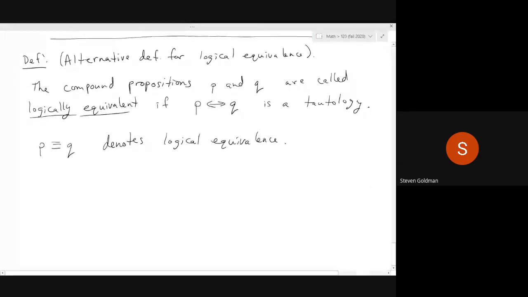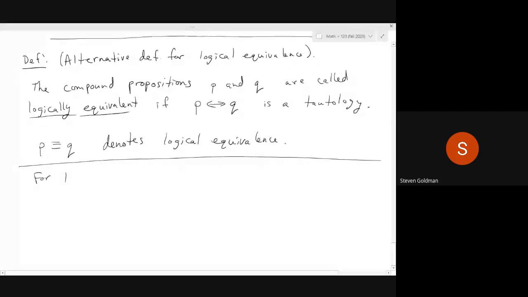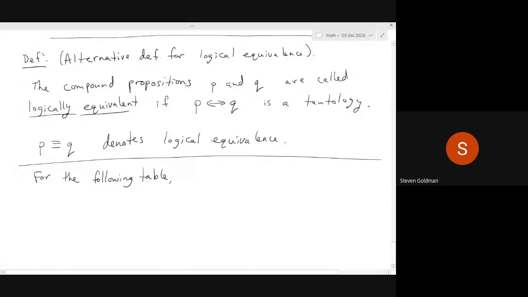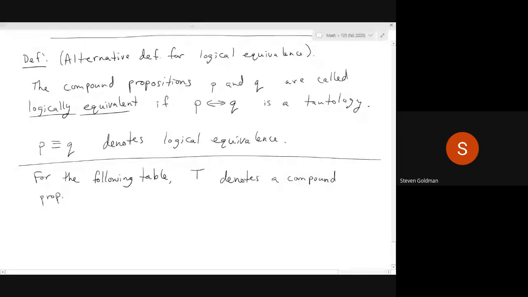For the following table, a capital T denotes a compound proposition that is a tautology, that's always true.